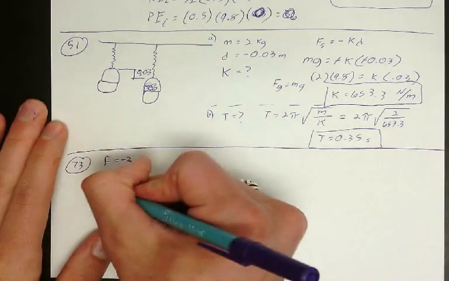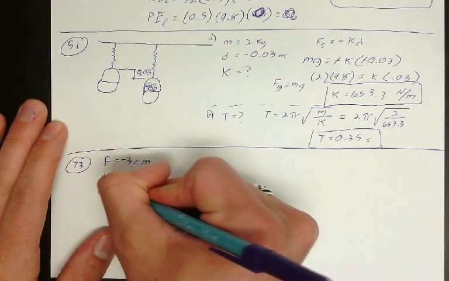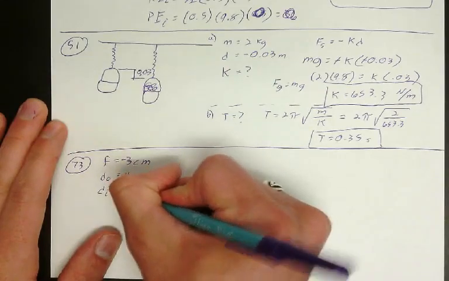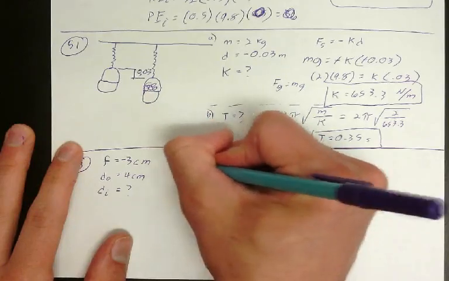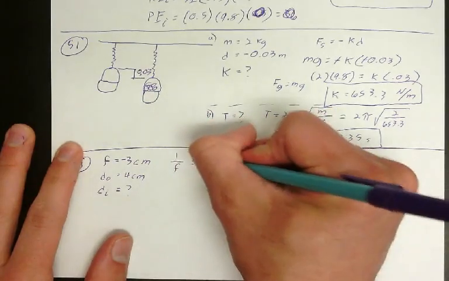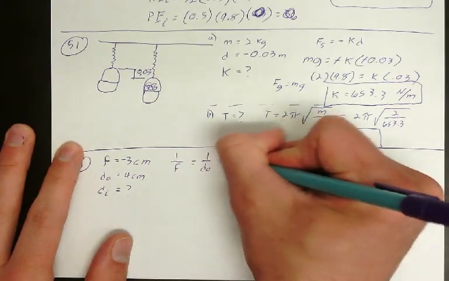So we got F, we got DO, and then DI is what we're solving for. So the equation is 1 over F equals 1 over DO plus 1 over DI.